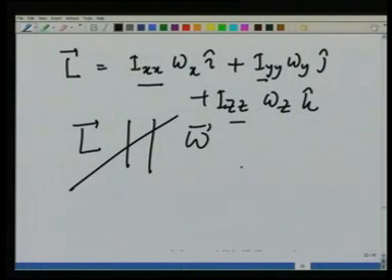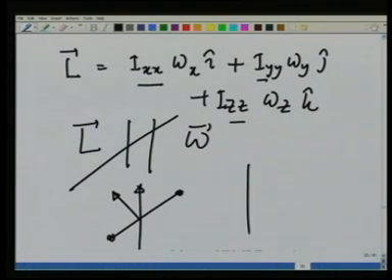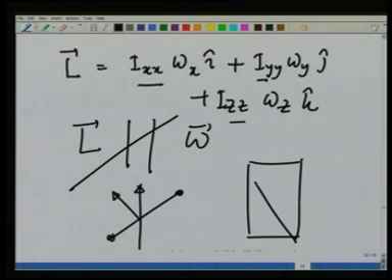So, in general, for example, in this rod example, omega was this way, L was this way. In the rectangle example, omega was this way, L could be at some other angle, either this way or this way, depending on a and b. So, L and omega are not parallel and L rotates about omega, and this gives rise to very interesting dynamics, as we will see in the coming few lectures.